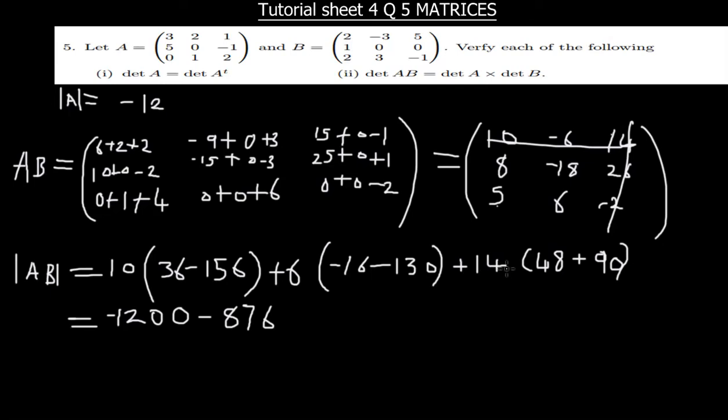And move on to the last part there. 48 plus 90, you get 138. 138 times 14, you get 1932. So plus 1932. Then when you simplify everything there, you get your answer to be negative 144.